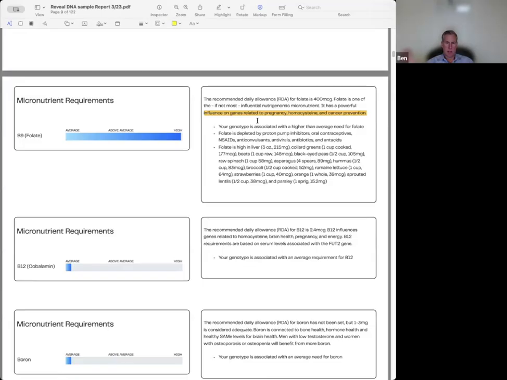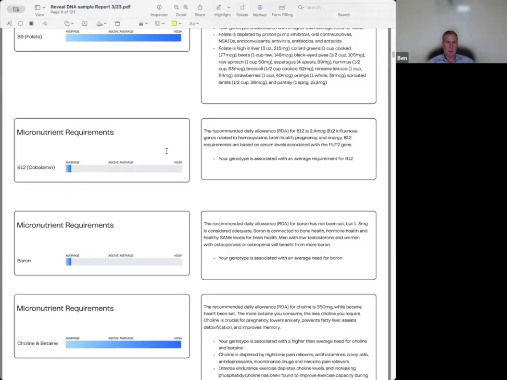It has powerful influence on your genes, specifically genes related to pregnancy, homocysteine levels, and preventing cancer. So you can see why it's very important for a longevity approach to the test as well. But obviously daily, homocysteine levels and methylating, this is something we do all the time and need to maintain normal. So you can see where it's depleted. And then you see foods in a quick snapshot, loaded. And that's important to share.